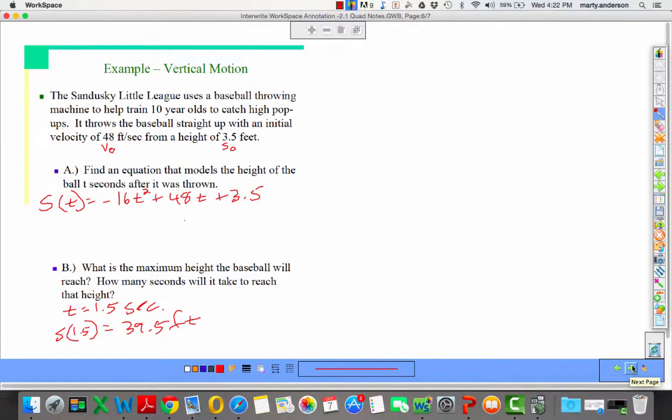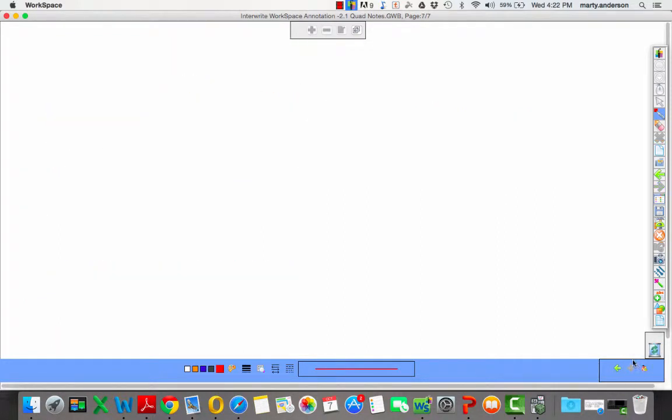The last one I was going to do, I wanted to do number 56 from the application worksheet. Let me see if I can find it. Okay, grab your application worksheet if you haven't already done so. These are actually out of your book, and this is part of your assignment.